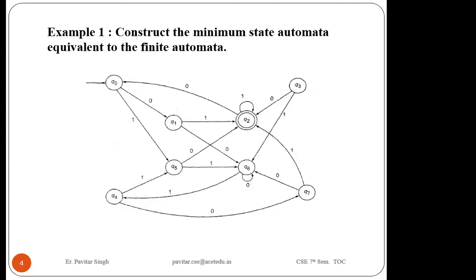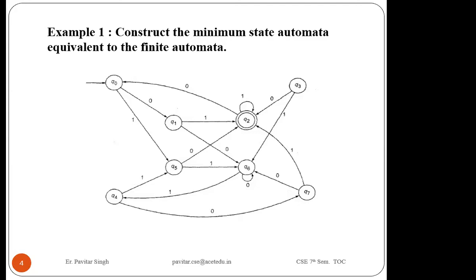Next, Q3 upon the processing of 0, it is going to Q2, and upon the processing of 1, it is going to Q6. Next we have Q4.